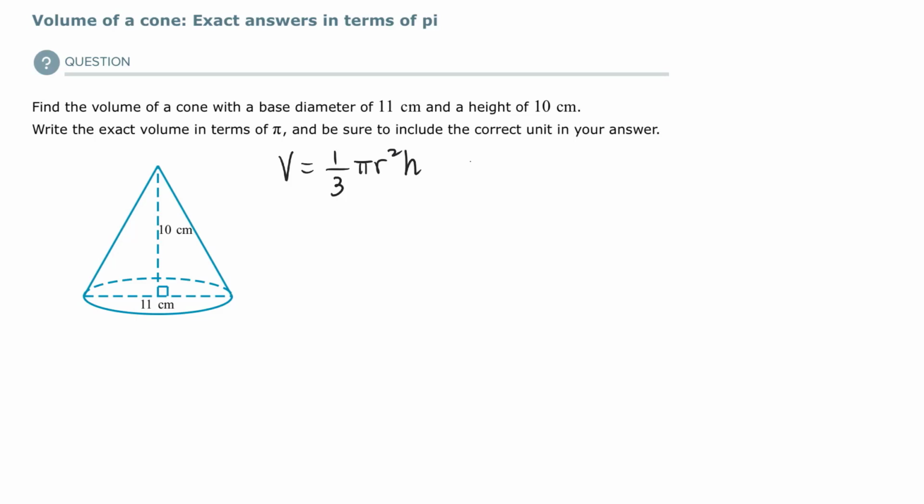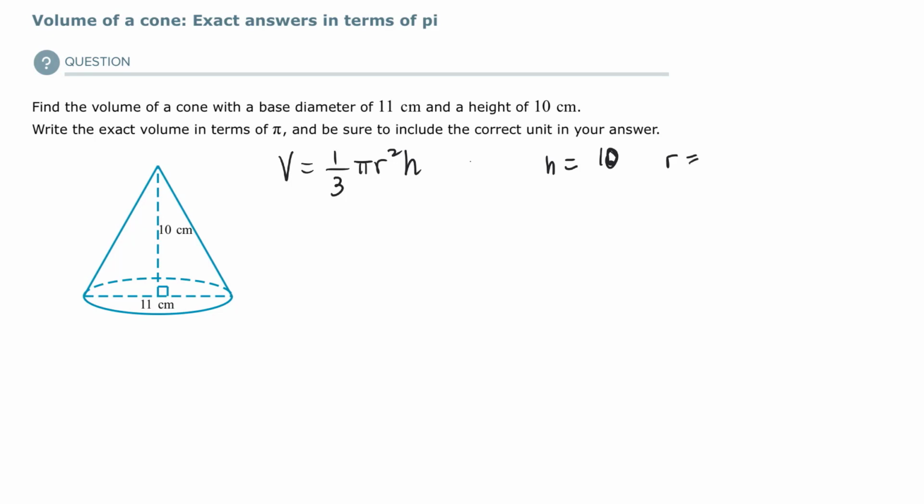There is the formula for the volume of a cone: 1/3 pi r squared times h. Well, we can see the h. H is actually 10. And the 11 here is the diameter. So r is going to be 5.5.